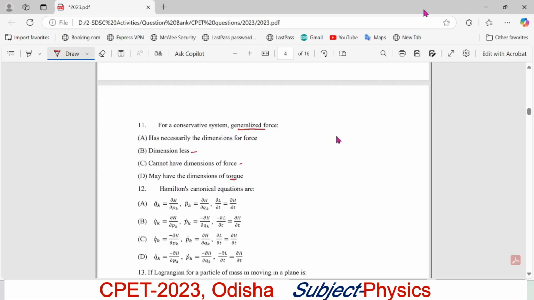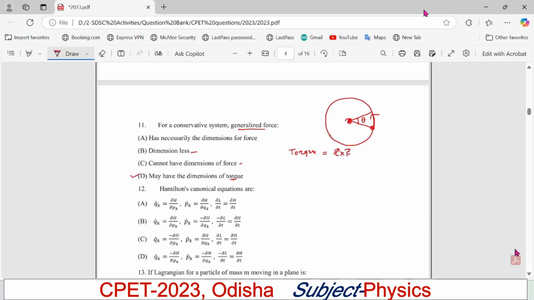Here we can consider a conservative system, a particle moving in a circular path, which is a central force problem. Here the generalized coordinate is the angle theta. The generalized force for this case will be the torque, which is r cross F. So option D will be correct.